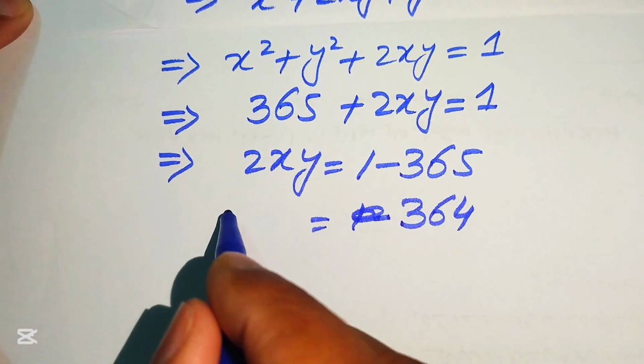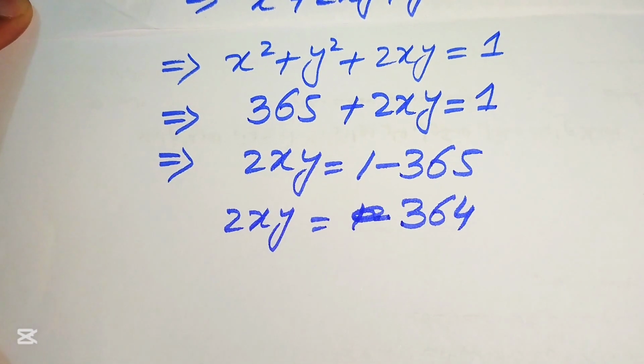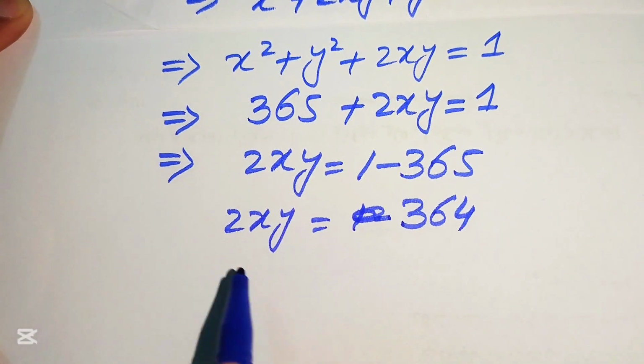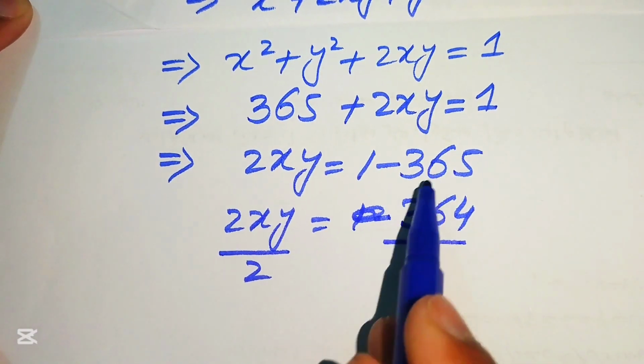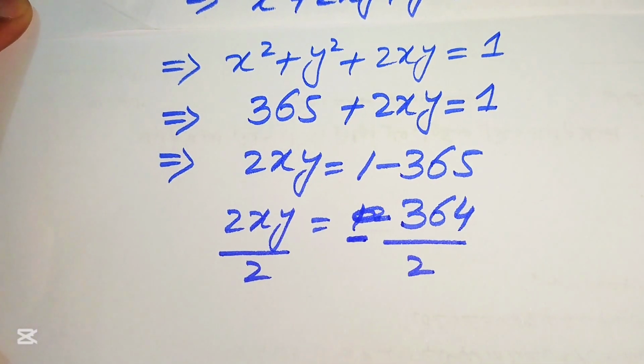Further we need to divide both of the sides by 2. So when you divide both of the sides by 2, it will be written in this form: 1 minus 364 equals minus 364.